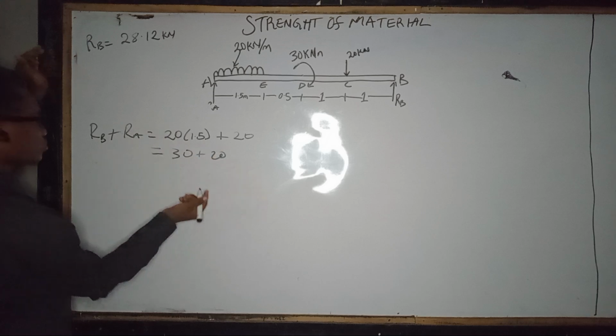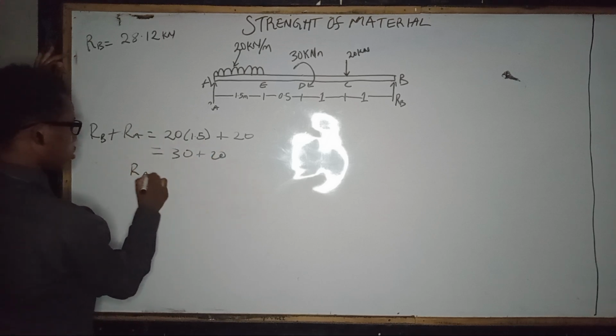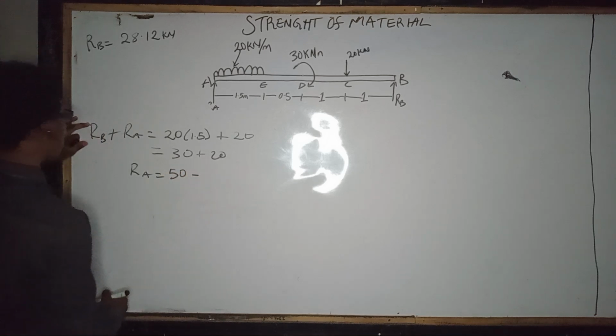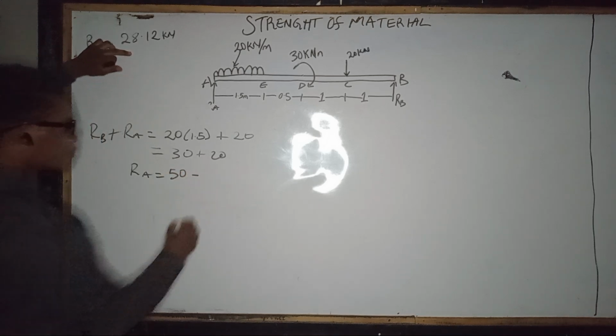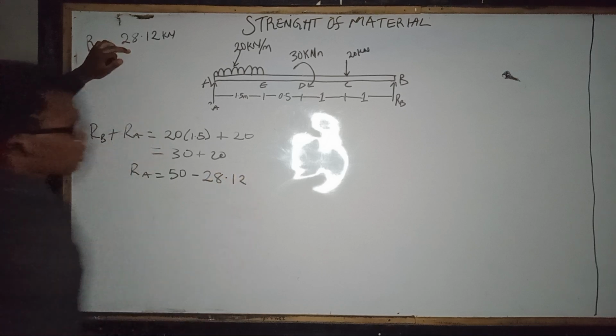So if we bring it here to be minus, we have our RA equals 30 plus 20, which is 50, minus RB. And RB is 28.12, so that is minus 28.12.